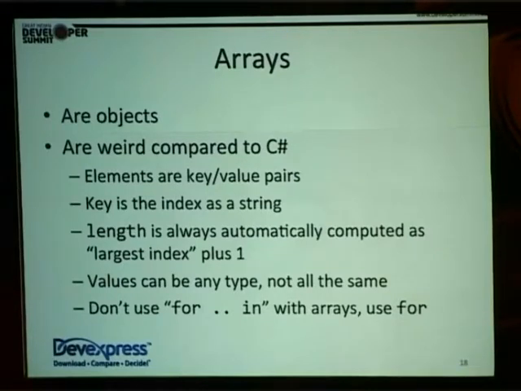It's just great. In JavaScript, arrays are objects, and the elements of an array are essentially key-value pairs again. The key is actually the index as a string.